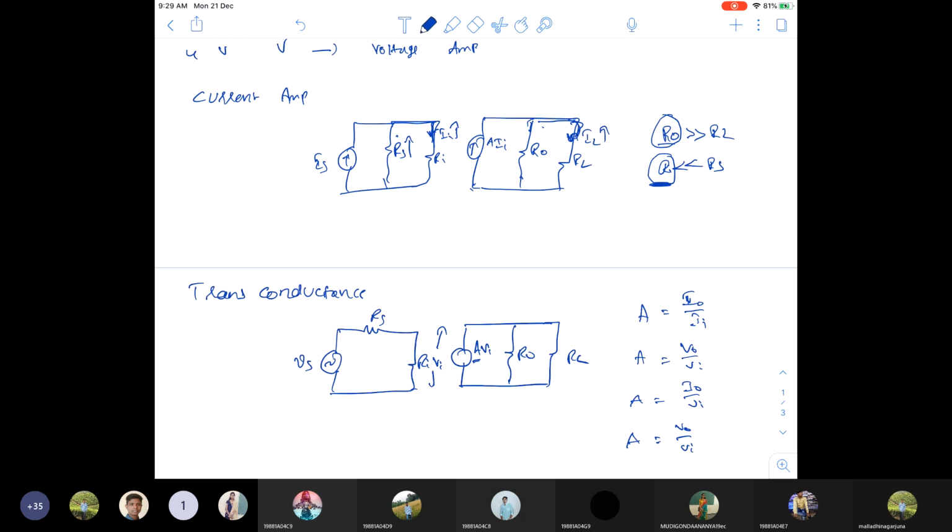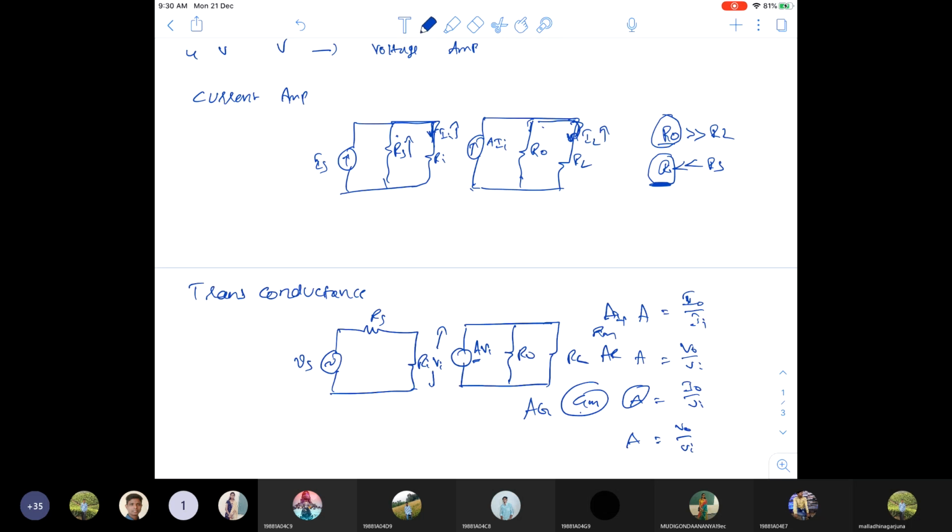To avoid confusion, in the place of transconductance you can represent it with GM or AG. If you have any confusion between all these terms, you can use AG or GM or A. For the current amplifier, A or AI, and for the transresistance, AR or RM, mutual resistance, like that.